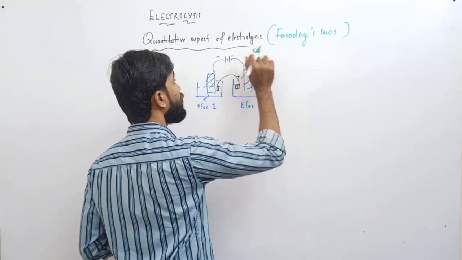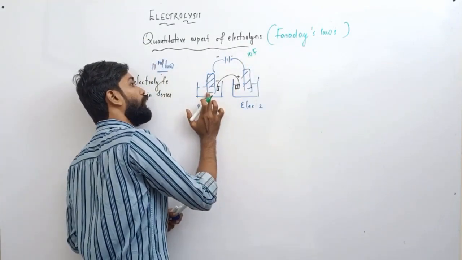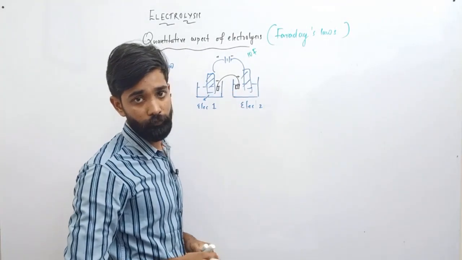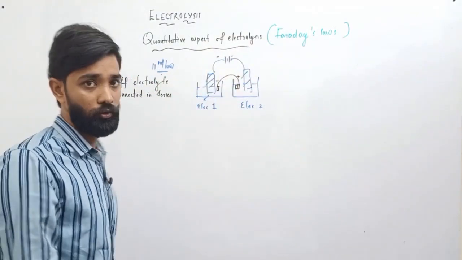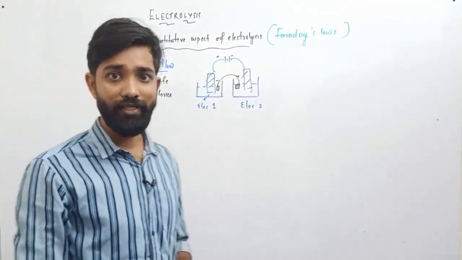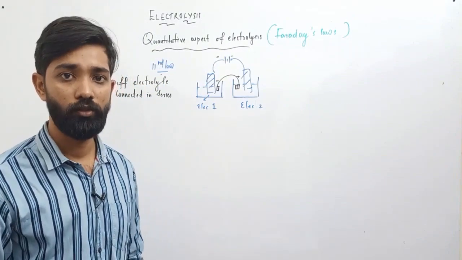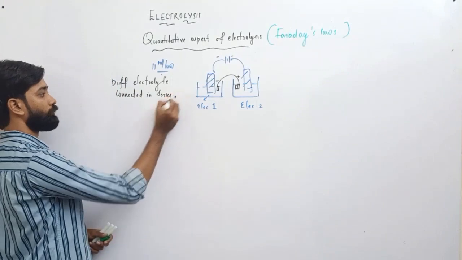For example, if 10 farad is passed, then 10 times the equivalent mass of electrolyte 1 will be deposited here, and 10 times the equivalent mass of electrolyte 2 will be deposited here. Whatever the current passed, if two different electrolytes are in series connection, the deposition will be proportional to their own equivalent mass.